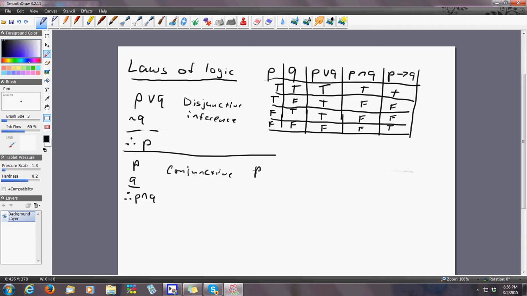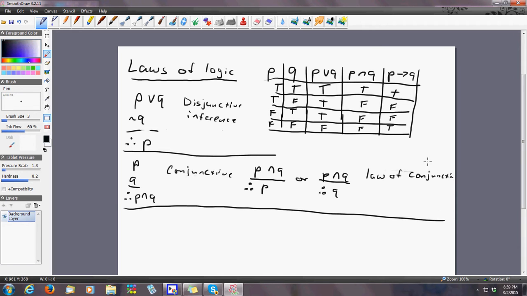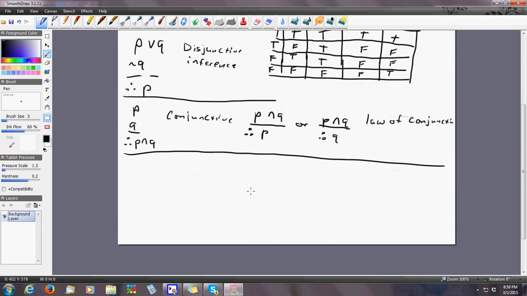Similarly, if I had P and Q, I could therefore just say P is true, or just Q. The reason why is because the only time P and Q is true is when they're both true. I'm not sure what this is actually called, which is not good, but I'm going to call it the law of conjunction.